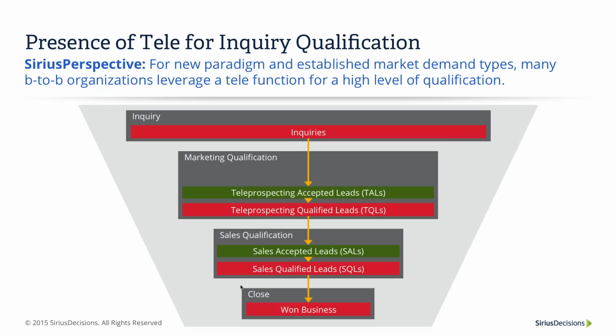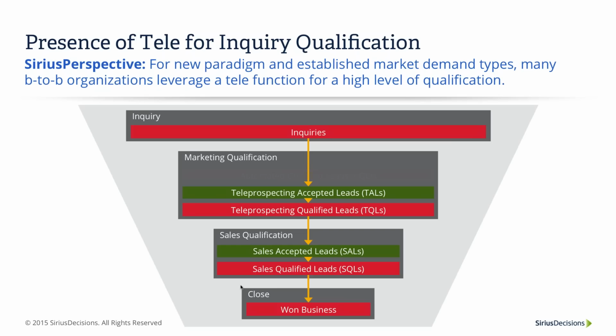And so the teleprospecting accepted lead stage, or TAL, is where teleprospecting is going to have the opportunity to define a set of criteria that they want in a lead before they're going to accept it. And so they'll check off the items and they'll say, yes, this is a strong lead that I'm ready to follow up on as a teleprospector. And then they can go ahead and start doing those calls.